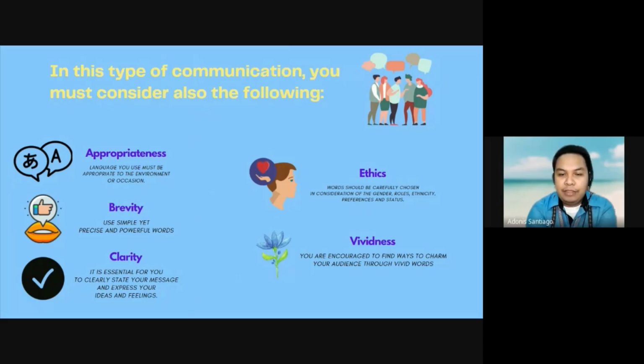Next is the ethics. Now, words should be used carefully in consideration of gender, roles, ethnicity, differences, and status. The way you communicate with your teachers is very far from the way you communicate to your friends. The way you communicate to your friends is very far from how you communicate to your parents.